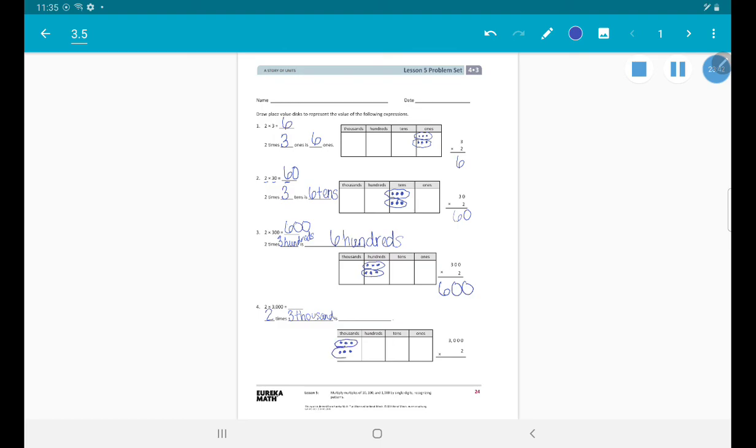There's a group of 3 and another group of 3. 2 times 3,000 is 6,000. Write it in our number sentence. 2 times 3,000. 2 times 3 is 6. Add the 3 zeros. 3 times 2 is 6. Add the 3 zeros.